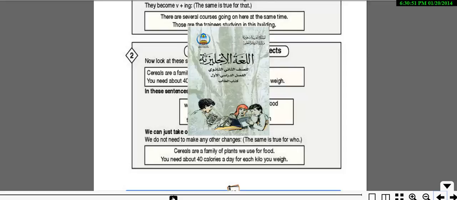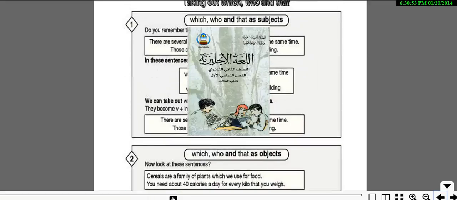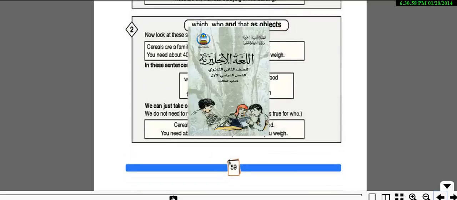But why is it different here than those on the top where you have to remove the R or just add an ing? Well, let me take a look at the other example and then I'll tell you. You need about 40 calories a day for every kilo that you weigh. You need about 40 calories a day for each kilo you weigh. Every and each are not really much of a difference here, but the difference lies in adding that or just removing it. As you can notice here, we didn't change anything in the sentence.